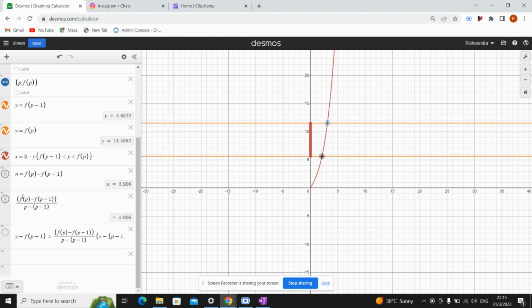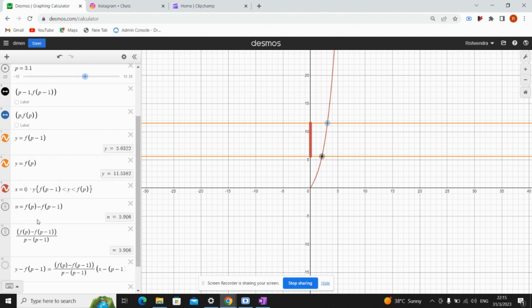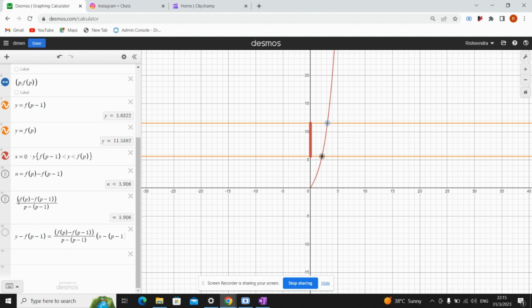These two points are given as p minus 1 comma f of p minus 1, and p comma f of p. So the slope is y2 minus y1 by x2 minus x1, the same formula. The numerator gives the value of n, because it is y2 minus y1, and the denominator will be p minus p minus 1.